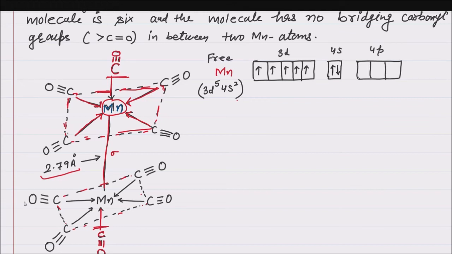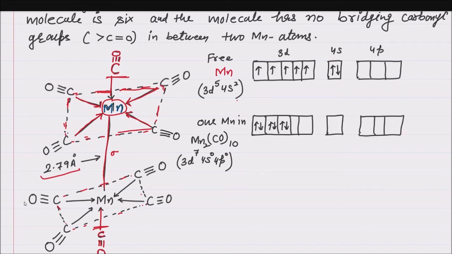Now, one manganese in Mn2(CO)10 becomes 3d7 4s0 4p0. When CO approaches, it becomes like this. The other manganese also becomes 3d7 4s0 4p0.